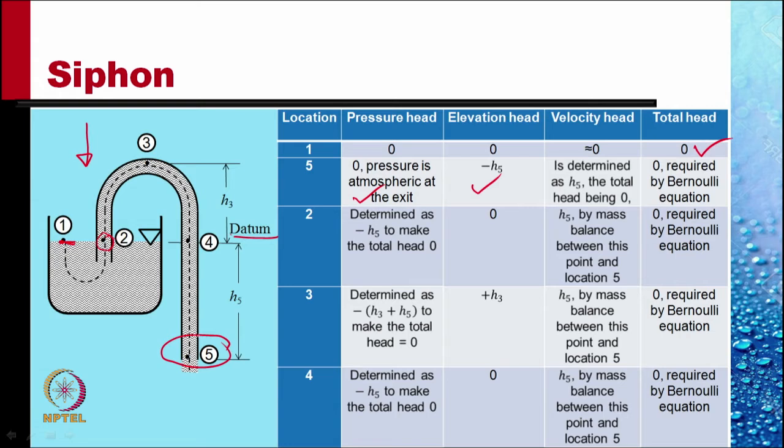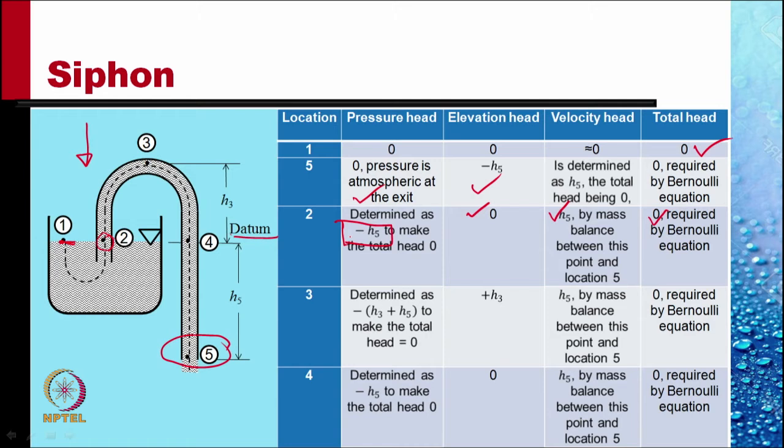So the velocity head at 2 would be same as velocity head at 5, which is h5. The elevation head is 0, and since the total must be 0, this means the pressure head must be minus h5. There would be a vacuum pressure at point 2. The pressure at point 2 would be less than atmospheric inside the pipe. Interesting.